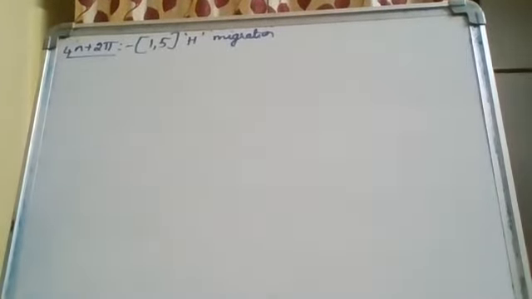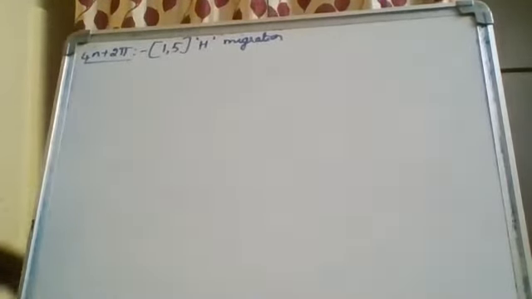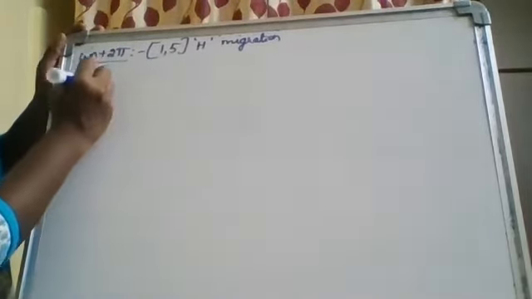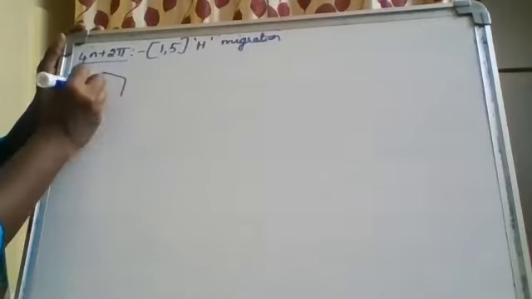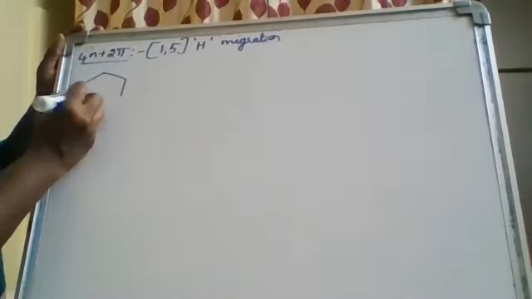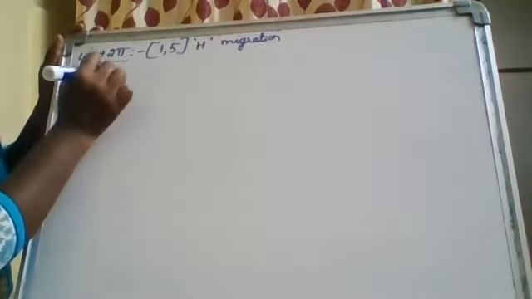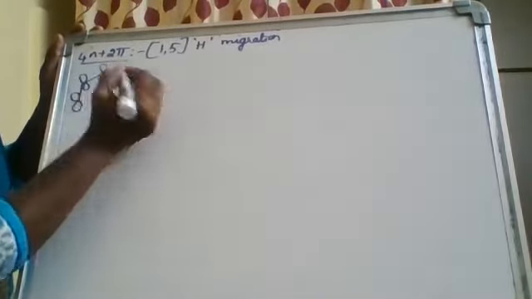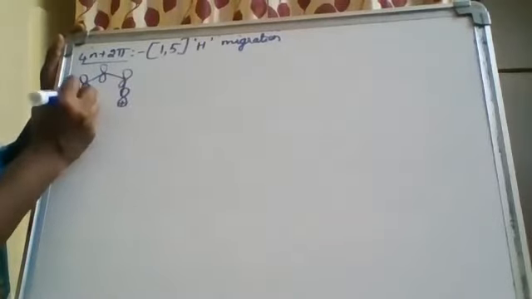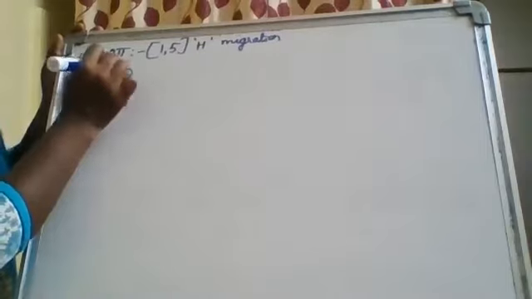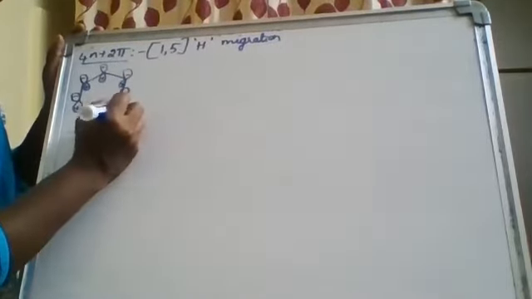Okay, 1,5 hydrogen migration. In this, pentadienyl system. For the pentadienyl system, again you go for the basic set, that is the Psi1. Hydrogen attached to it.